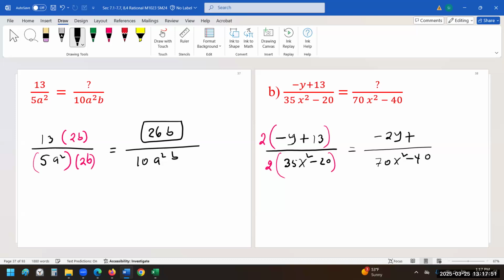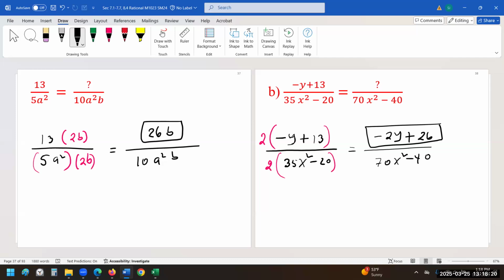Negative 2y plus 26. Two times 35x squared is 70x squared. 2 times 20 is 40. So if you multiply this by 2, it becomes our right denominator.